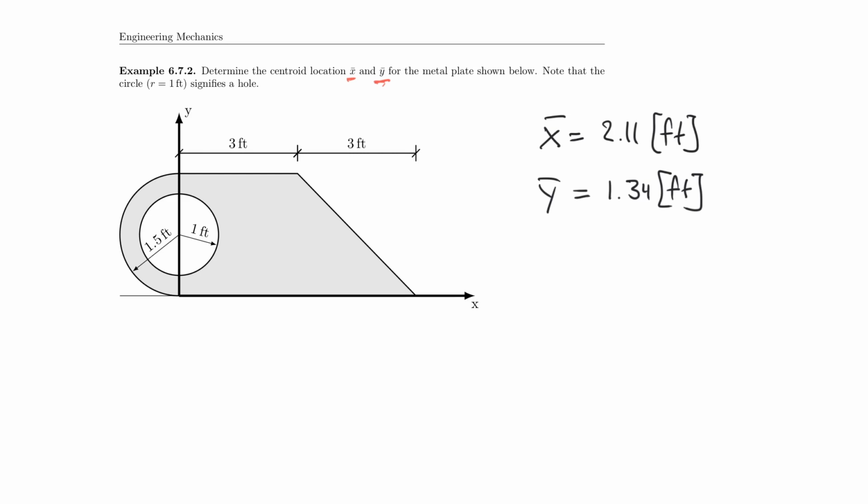Just one last thing I need to tell you, and that is that you have this semicircle here, an entire semicircle, and you need to know how to find the centroid location for that, right? So let me just give you a hint for that. For a semicircle, let's pretend it looks like this.